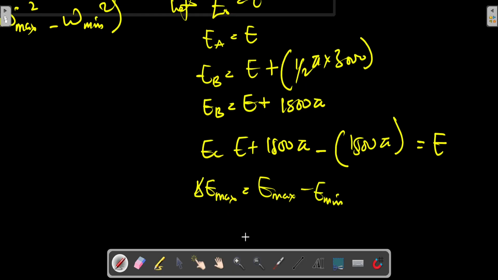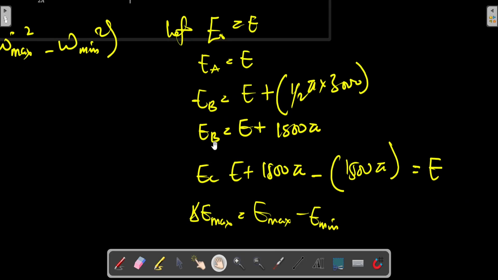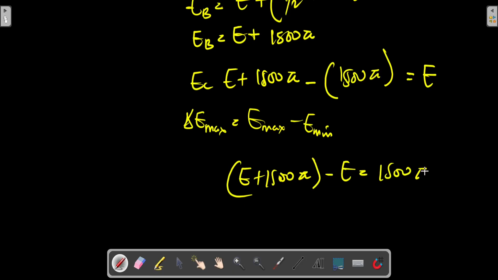From the data we've penned down, what is the maximum energy? The maximum energy occurs at point B. The maximum energy is E plus 1500 pi, and the minimum energy occurs at A or C, which is E. So we get E plus 1500 pi minus E, which is 1500 pi.